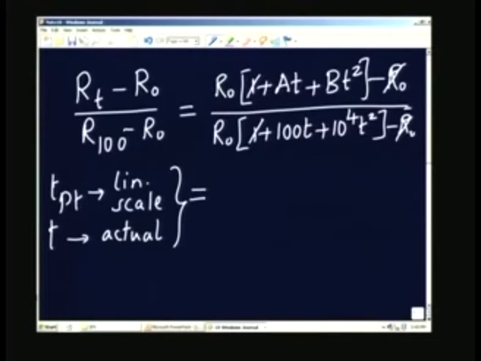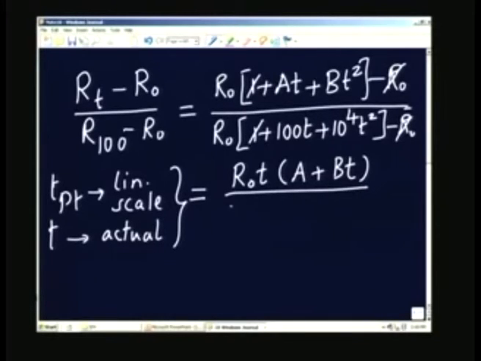This becomes R naught into T, I can take it outside, into A plus BT divided by 100, I can take outside, into T plus 100. I think I left out something here.